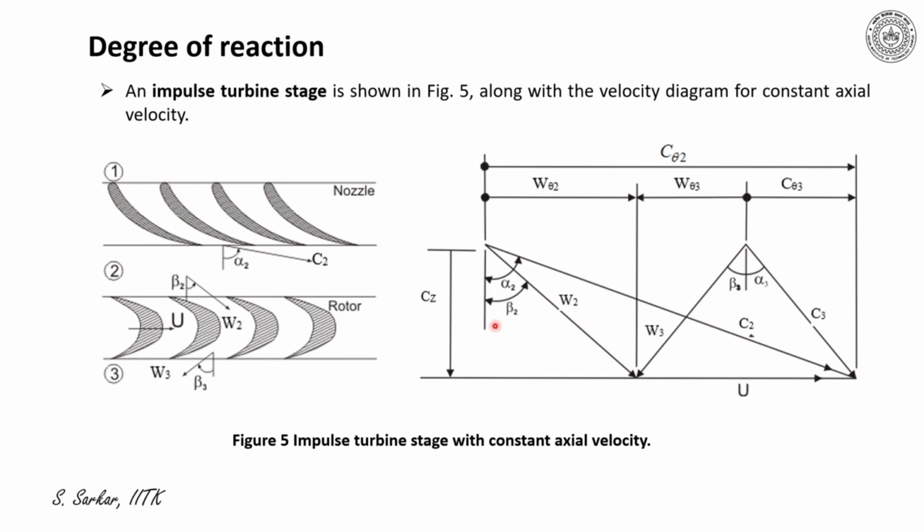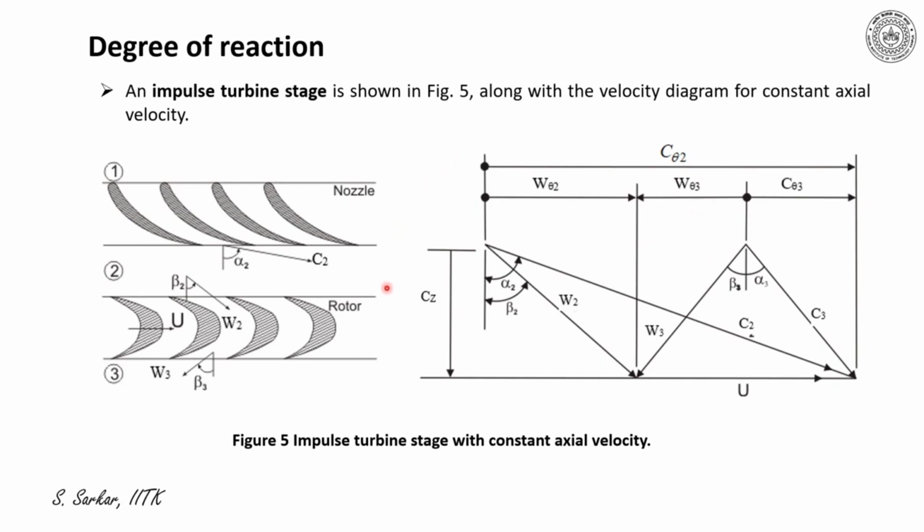Note that W theta 2, C theta 2 and C theta 3 are all in the direction of U and are considered positive, but W theta 3 is in the opposite direction of U and hence would be considered negative.